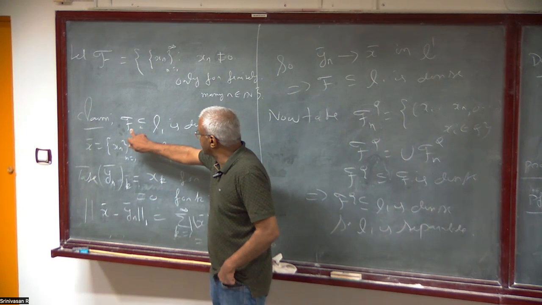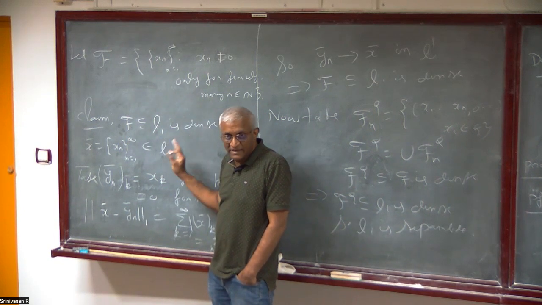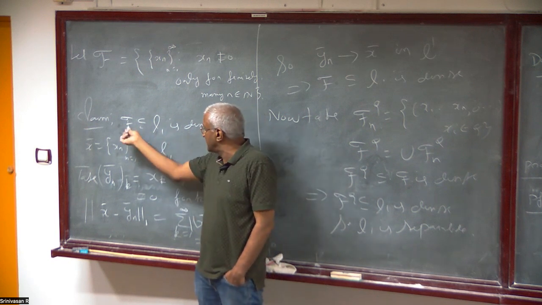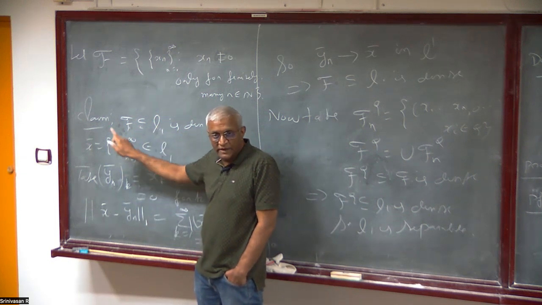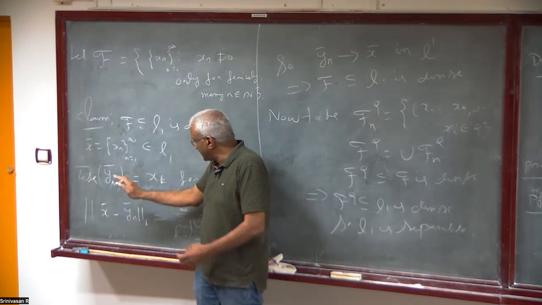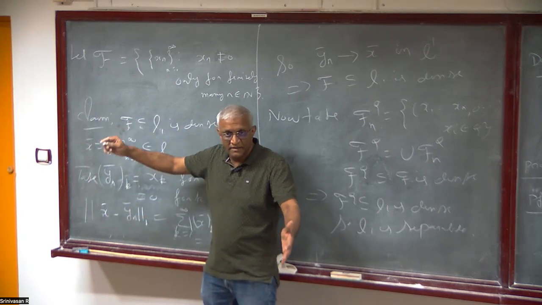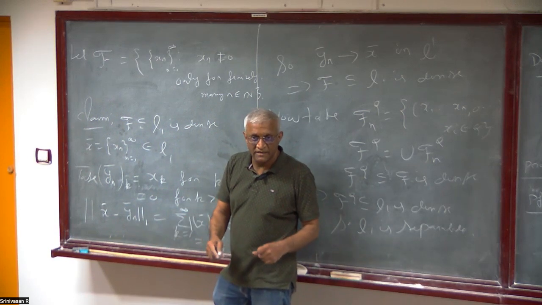First, I am claiming that F, which is defined like this, is dense here. To prove that, you have to produce a sequence here which converges to any element here. I take an arbitrary element here and produce a sequence: I take this sequence and cut it at the nth place, after which it is 0. Truncate it at the nth place. That's a new sequence.